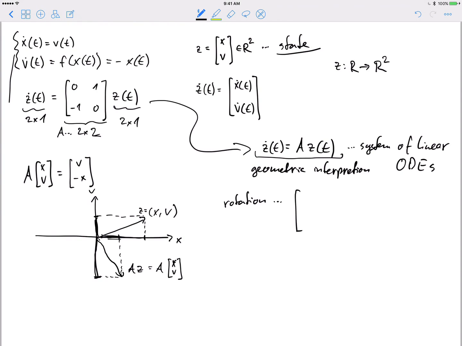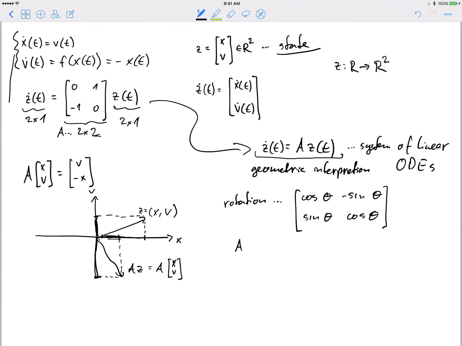What is the general form of a rotation matrix in 2D, for any angle theta? Exactly. Cosine theta, minus sine theta, sine theta, cosine theta. That's the general form of a rotation matrix.